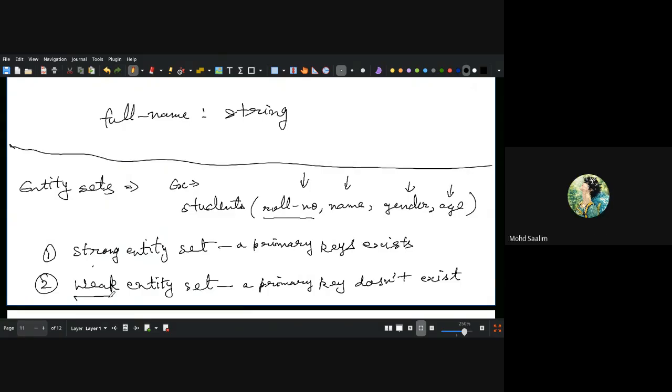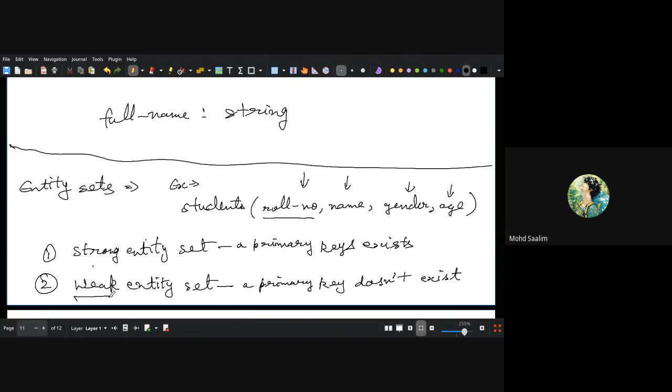Primary key is an attribute or a set of attributes that uniquely identify each row or each entity. If there are 15 entities, in our example 15 students, then my roll number is giving a unique identity to all 15 entities, all 15 students.